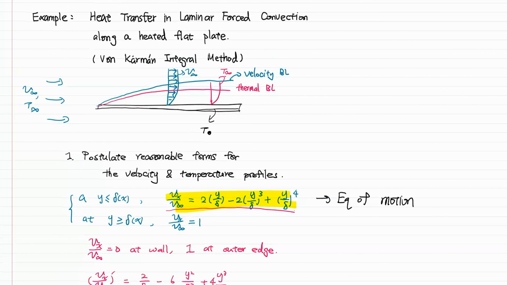Okay, so again, you have a heated plate at a temperature of T naught. You have incoming flows with temperature and velocity of V infinite and T infinite. You would develop two types of boundary layers, one for thermal, one for velocity.